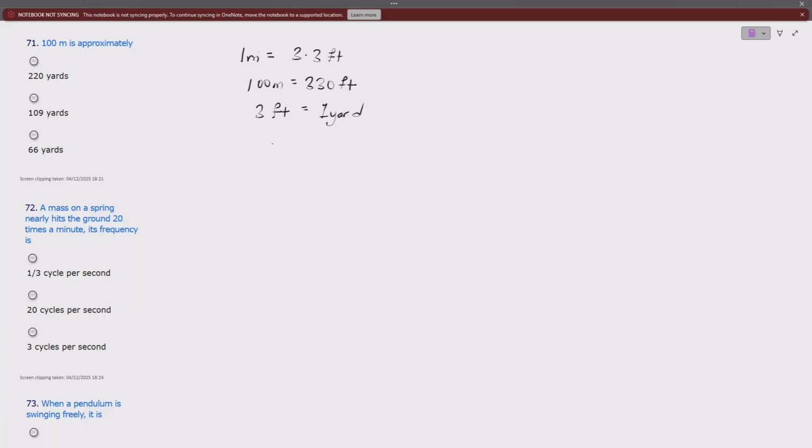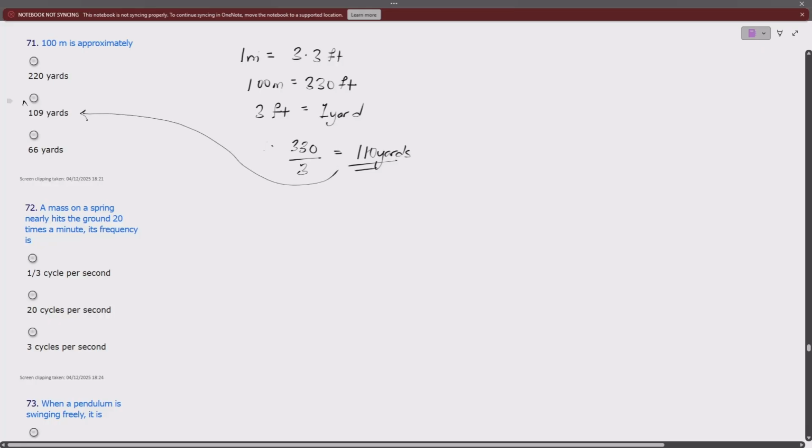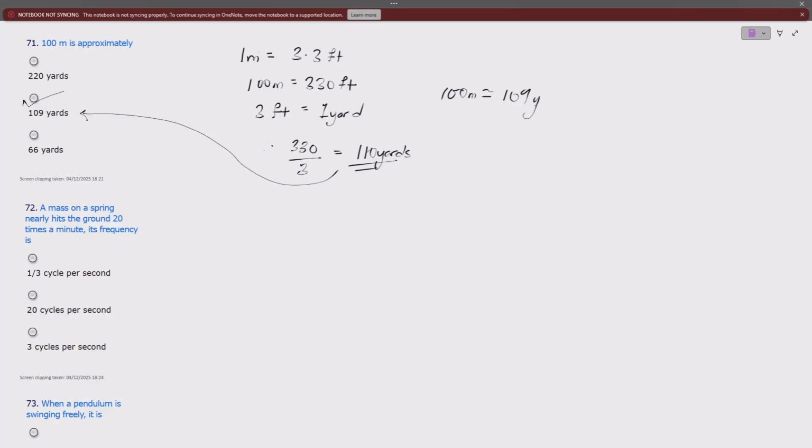So therefore 330 divided by 3 is going to give you 110 yards. That corresponds to 109. So 100 meters is approximately 109 yards.